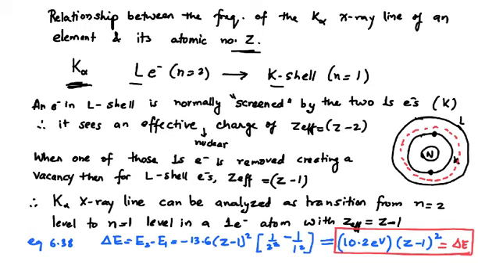In 1913 to 1915, the young British physicist Moseley confirmed this equation by measuring the K alpha frequencies of most of the then known elements using the diffraction method, because this equation can be applied to any element with any Z value.